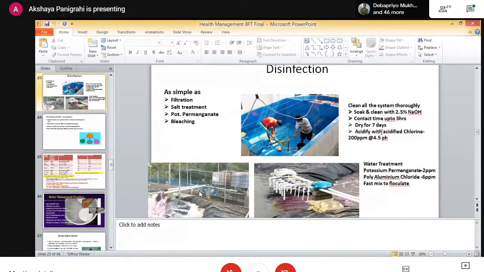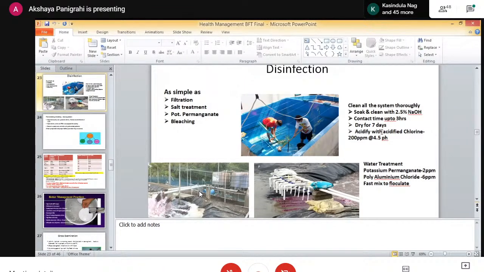But with the different kinds of diseases coming now, as we are talking of EHP, where pH fluctuation, pH oscillation is very important. There we try to disinfect the water by increasing the pH with calcium oxide or sodium hydroxide. Otherwise we use hydrochloric acid or liquid chlorine.